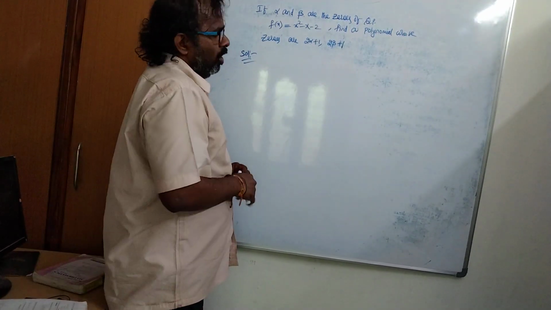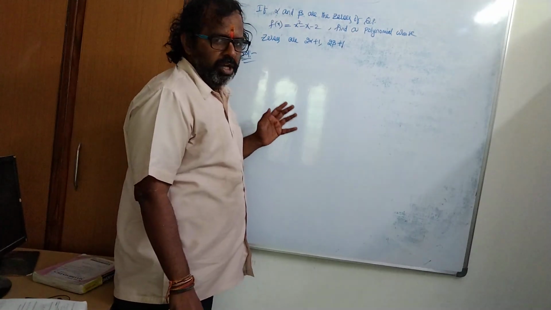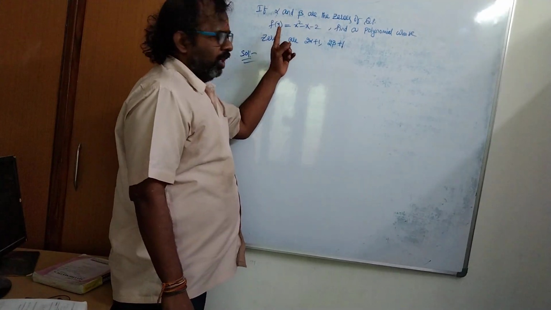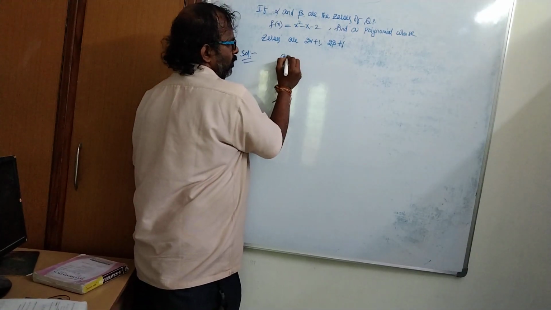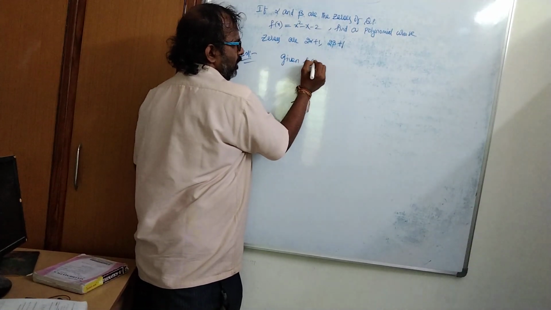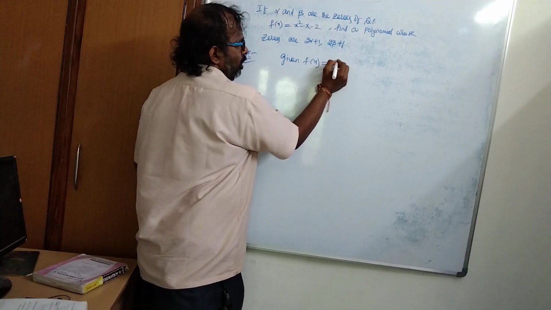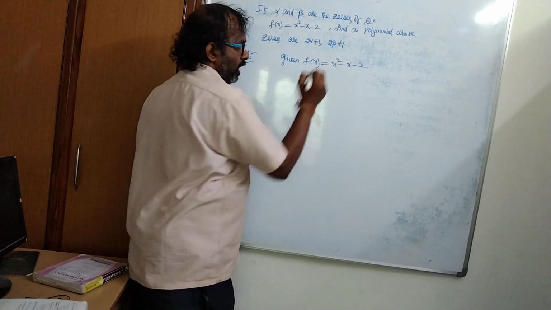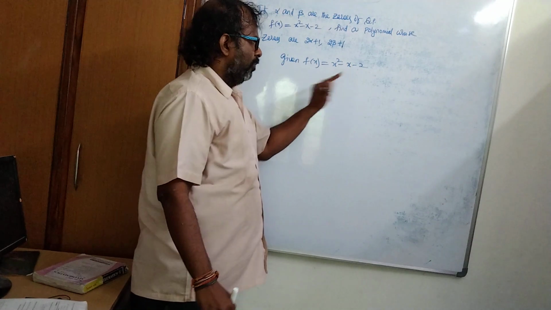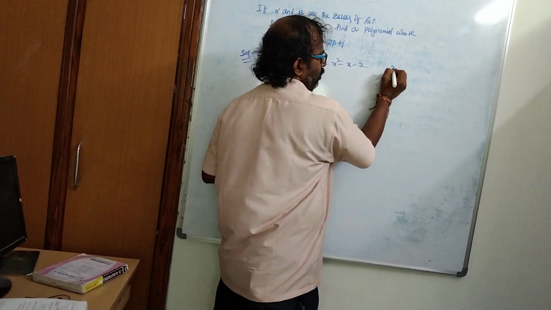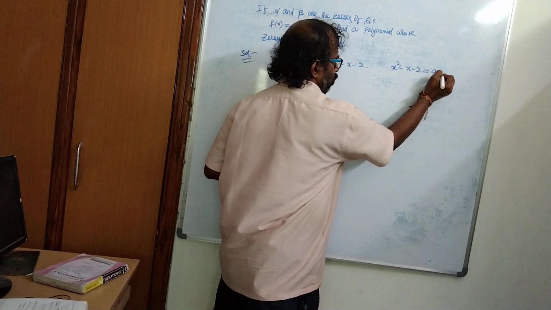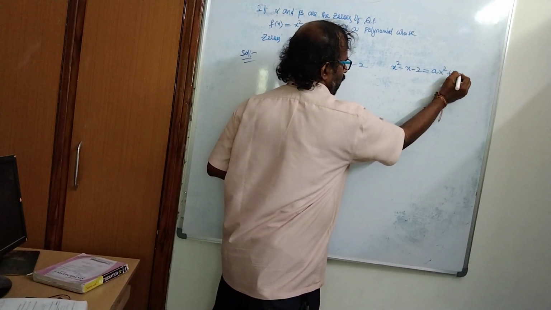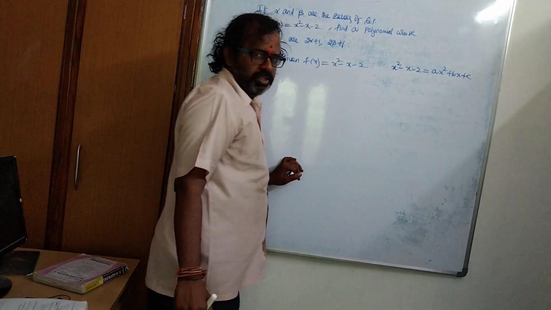Okay, so now let us come to this problem. First, as in every problem we have done till now, we write f of x. Given f of x is equals to x square minus x minus 2. Compare this with the original polynomial ax square plus bx plus c.